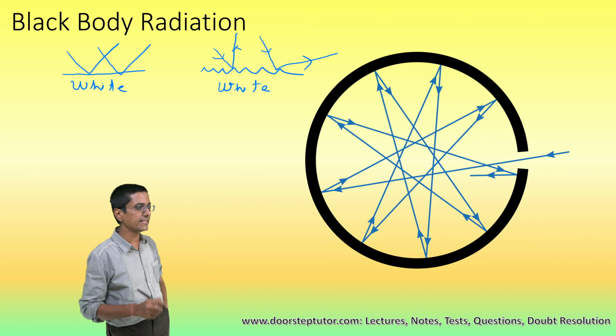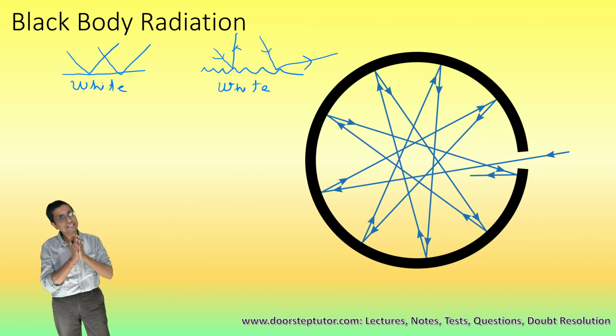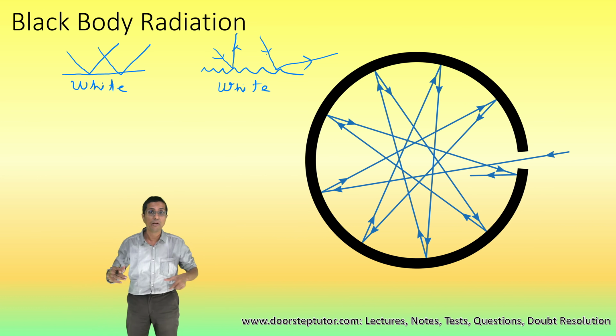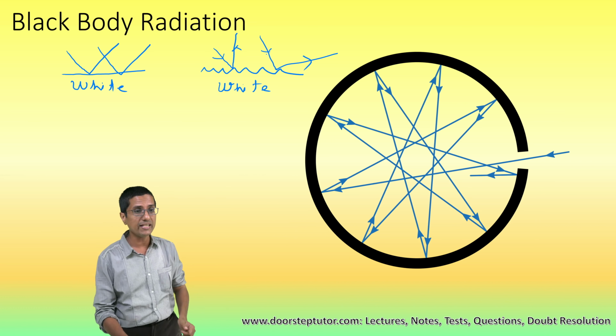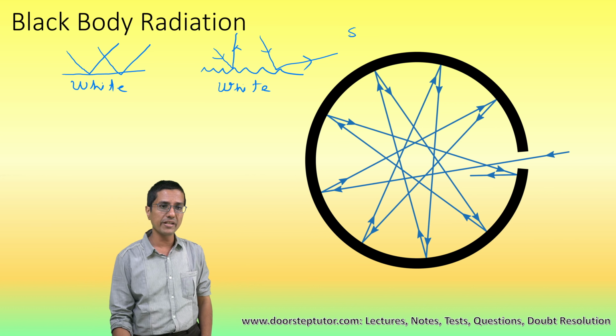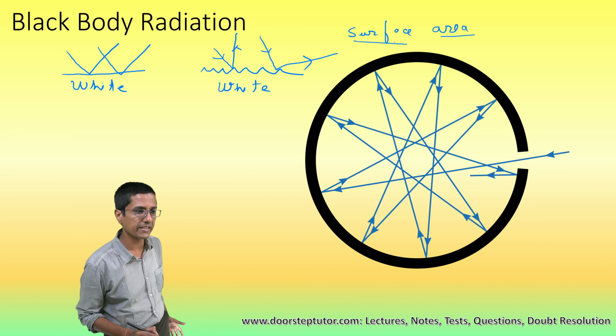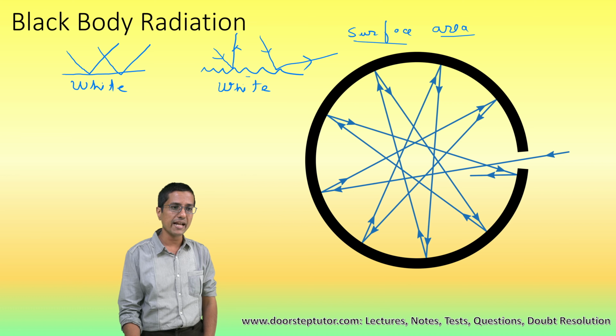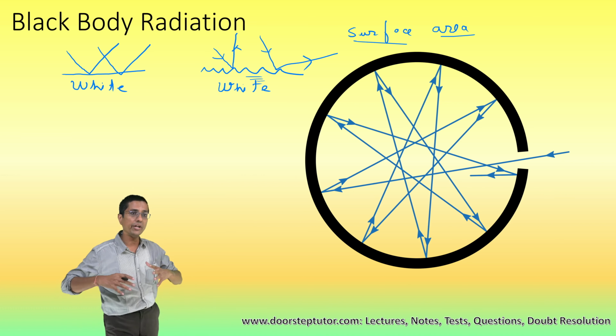Now in these two cases, the same amount of light is reflected, so there is no difference coming from there. Where is the difference coming from? The difference is actually coming from surface area. The rough white object has a larger surface area to radiate the energy.